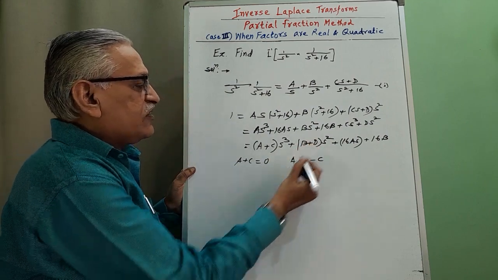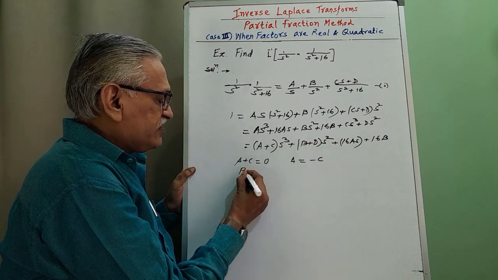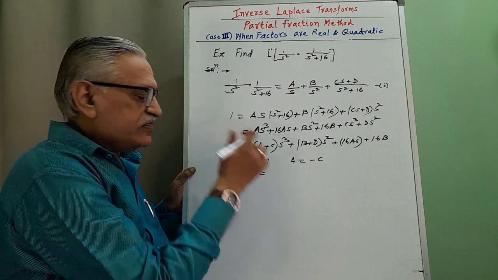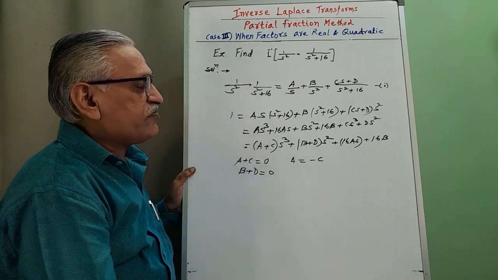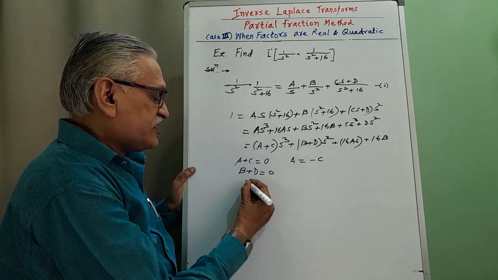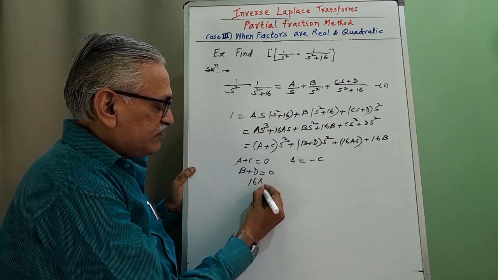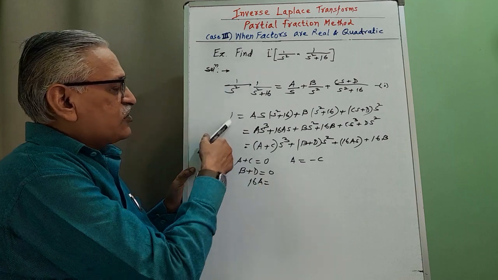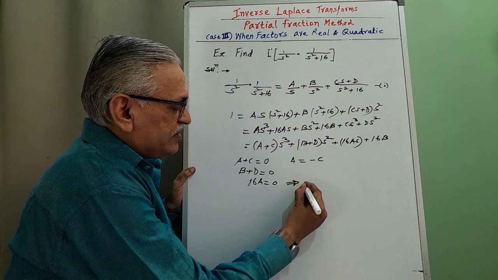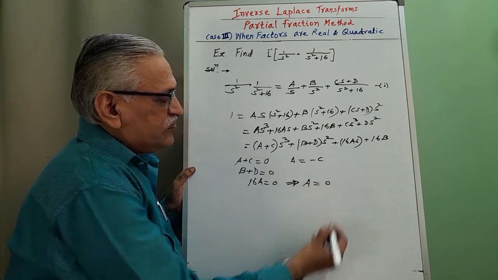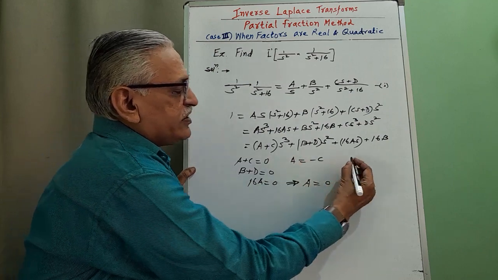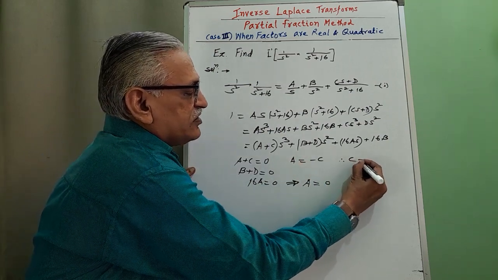Then the coefficient of s square is B plus D, no term of s square, therefore it is equal to 0. Then the coefficient of s is 16A, no term of s, therefore it is equal to 0. It implies A is equal to 0, and if A is 0, substituting that value here, we get C is equal to 0.